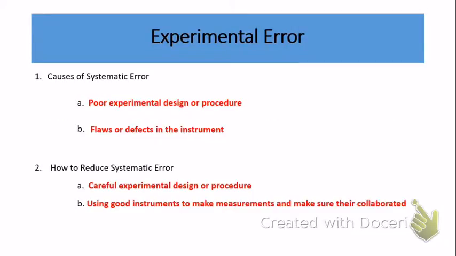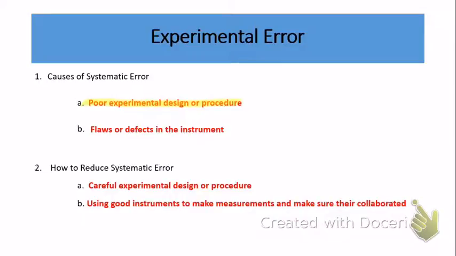So what causes systematic error? The two big causes we need to be concerned with are poor experimental design or procedure. If you design an experiment that is not very good, and it doesn't collect very good data because of the way your experiment is set up, then of course you're going to get data that is far away from the true or accepted value.